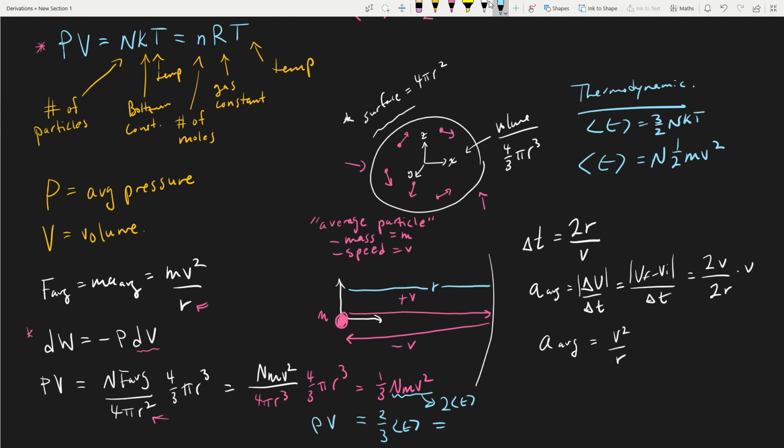PV is equal to 2/3 average energy, 2/3 times this guy, times 3/2 NkT. Oops, I left out an N. 3/2 NkT. So obviously 2/3, 3/2, they cancel, and this equals NkT. So there it is. PV equals NkT.